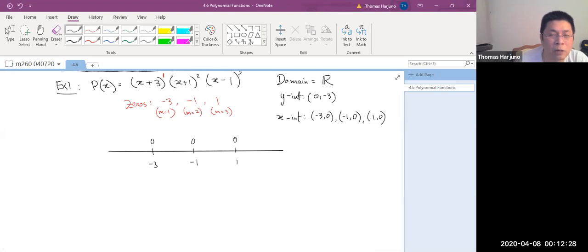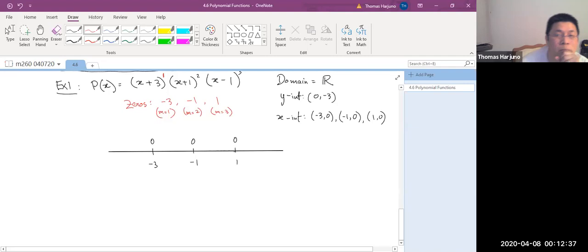When x equals 1, y is also 0. Then what's the y-intercept again? The y-intercept is -3, which is negative here, right? I just need the sign. Is it okay?